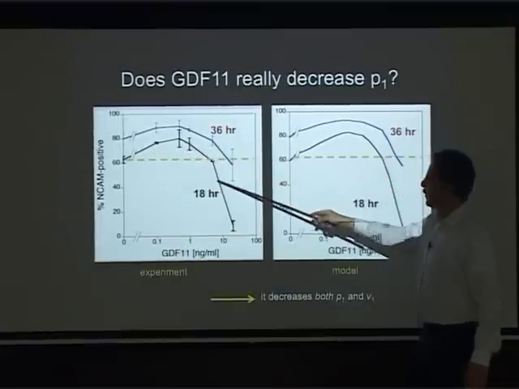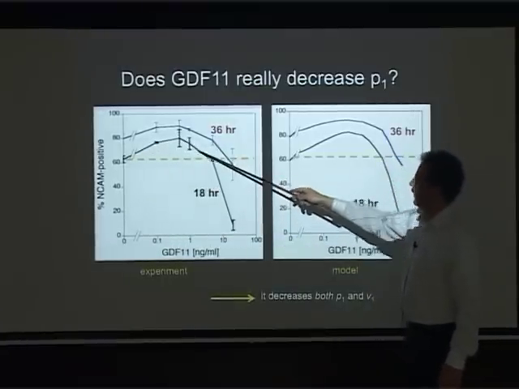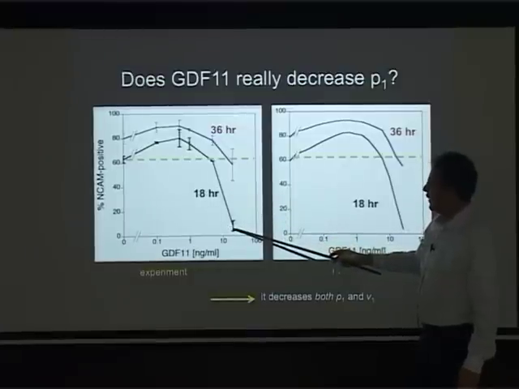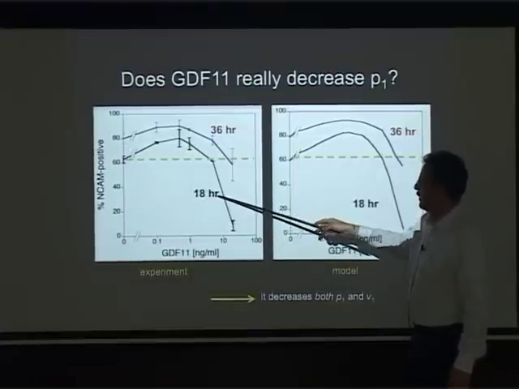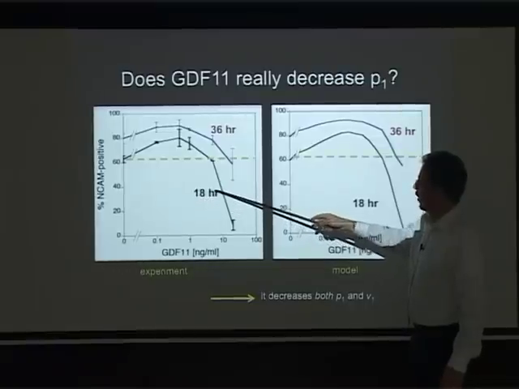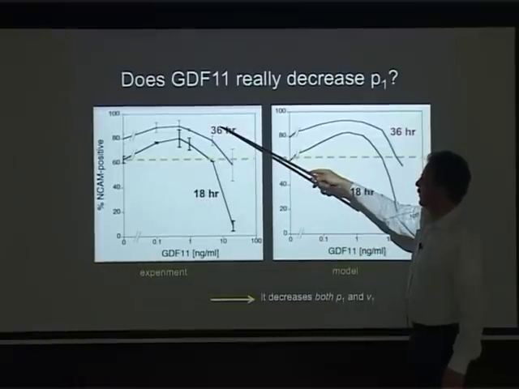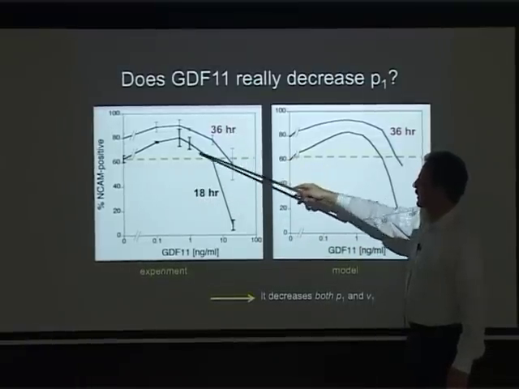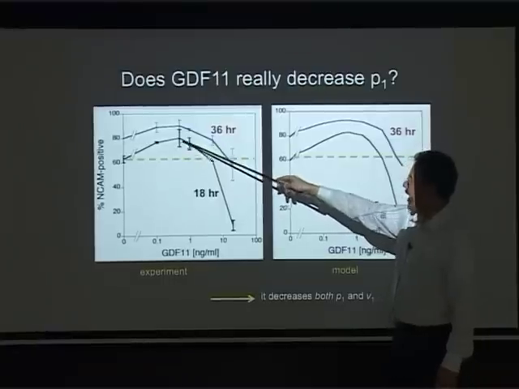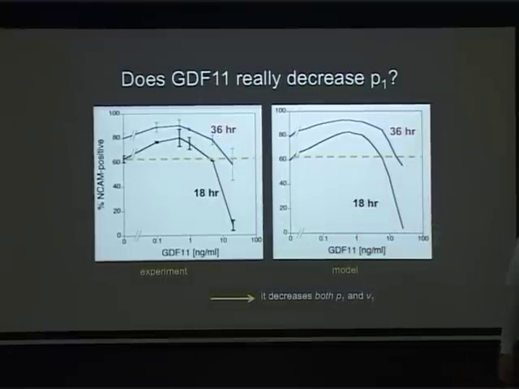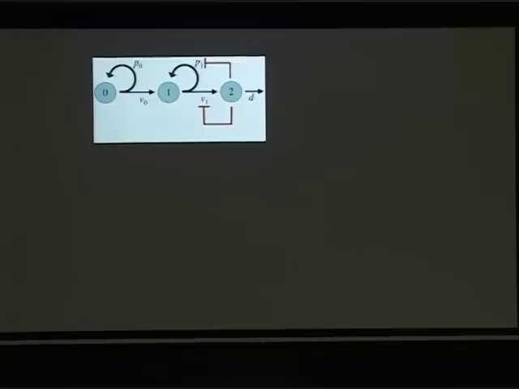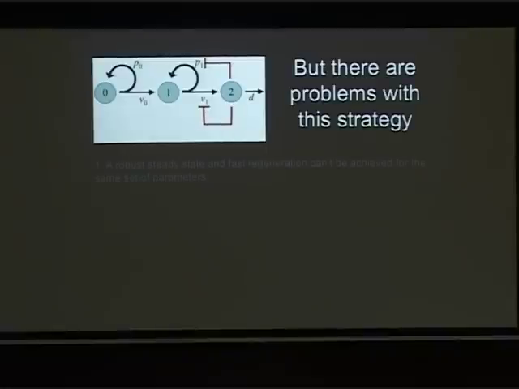Then it flips around and goes down because GDF11 is also slowing the cell cycle. And it turns out that at higher concentrations of GDF11, the cell cycle gets so slow that you have to wait longer to do your assay. So it's not that it's not promoting their differentiation, it's just that it's taking a lot longer to get there. So it's a mixed effect of affecting both P and V, okay?